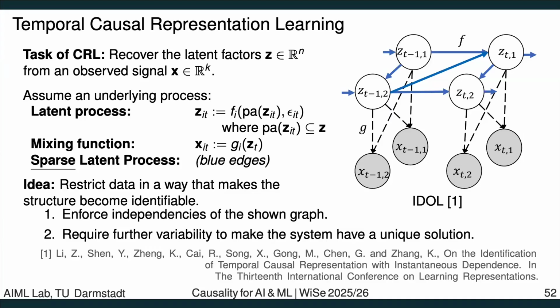What the authors leverage is that they first encode the independencies of the graph, so basically the sparseness of the latent transitions, and also that the mixing function can't mix in latent factors from a previous time step, so that it is always only from the current time step.